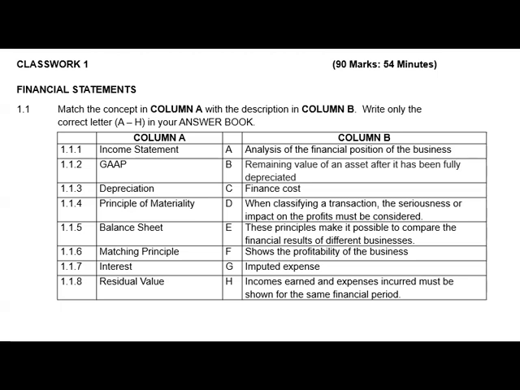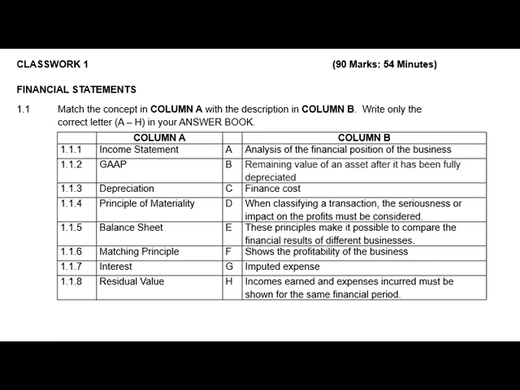1.1.4, which is principle of materiality, will be D. And what do we have in D? Classifying a transaction, that is correct. Balance sheet will be A, is that correct? Balance sheet will be A, that is correct. And the matching principle will be H, that is correct.